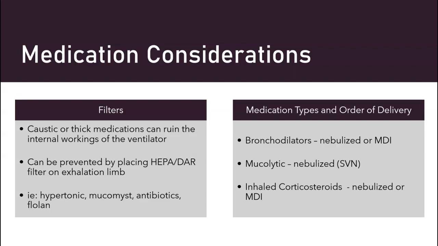So that's why we want to pre-treat before any type of mucolytic, because we want to prevent any type of bronchospasm. And then after that, we will give an inhaled corticosteroid that normally is given twice a day. Okay, I promise I'm done. Two more slides.